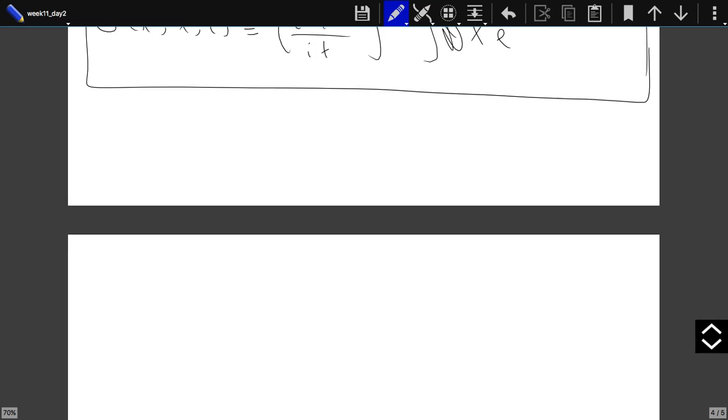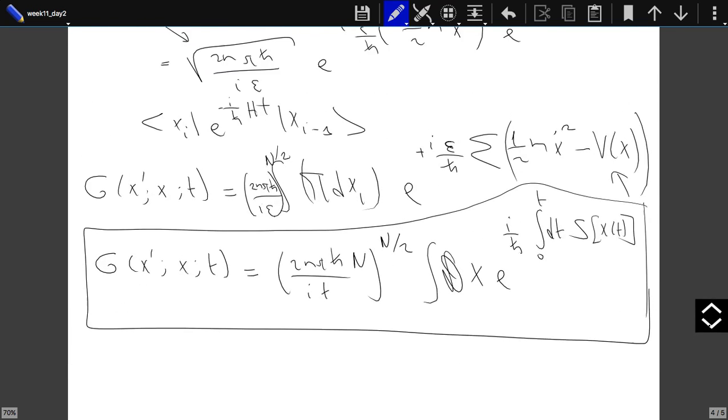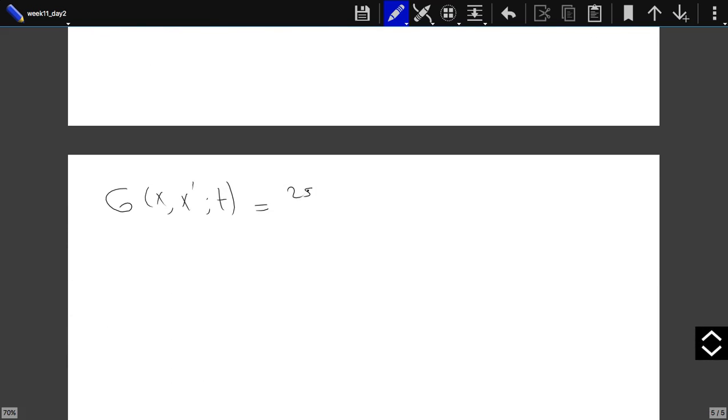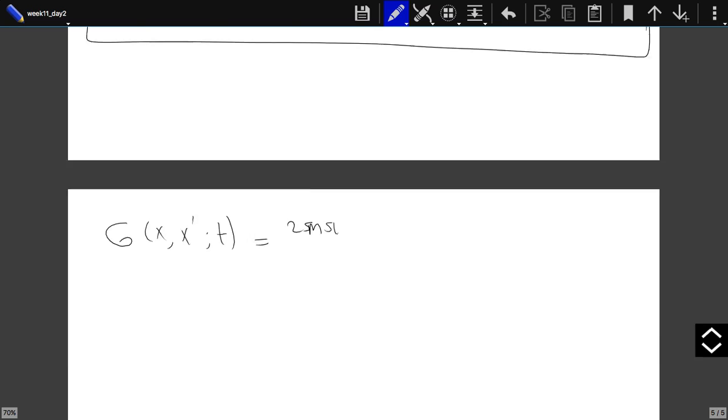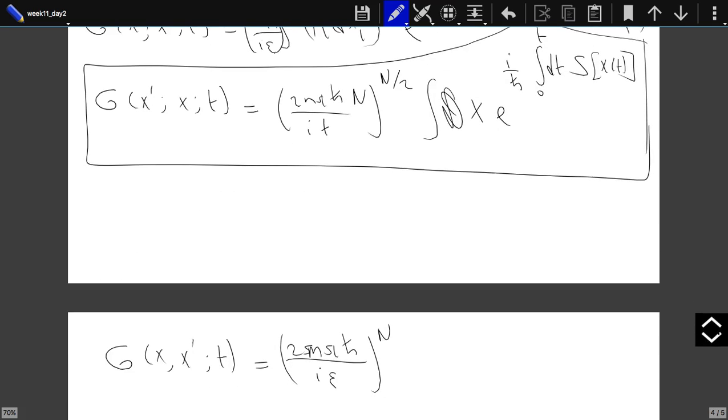So G(x', t) is (2 m pi h bar over i epsilon) to the power n. Then we have these integrals over all values of x_i, i from 1 to n minus 1. We have n minus 1 of them.